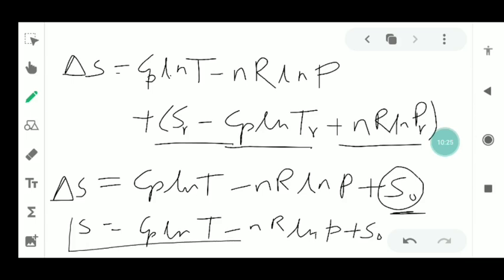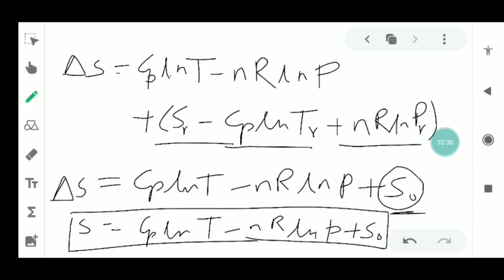Okay, this is our entropy of the ideal gas. So if we know temperature and pressure at a particular state, then we can determine its entropy. Obviously we need to know S0, but as I told, we can determine it experimentally or we can choose it arbitrarily.